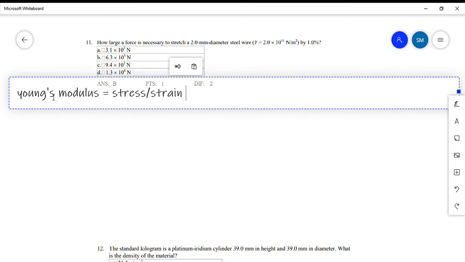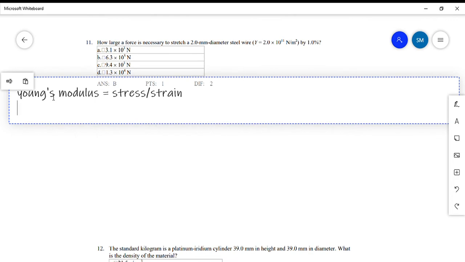So by substituting, we will find stress is equal to Young's modulus times strain.